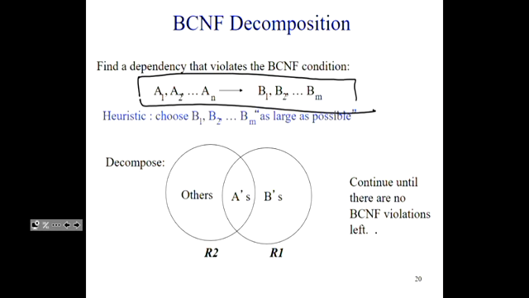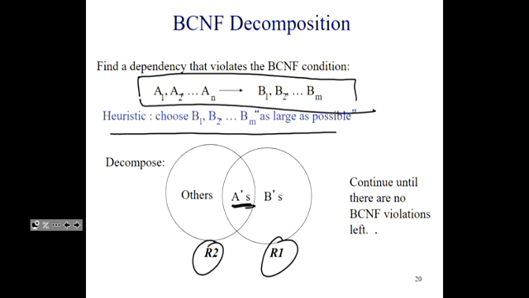Once you have that, the way to decompose is to first choose the right-hand side to be as large as possible, so expand it out by applying functional dependencies, and then you decompose it into two relations, one R2 and one R1. R1 will contain all of the A's and all of the B's, and R2 will contain all of the A's and all of the others.